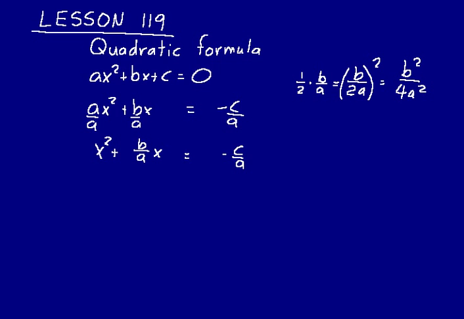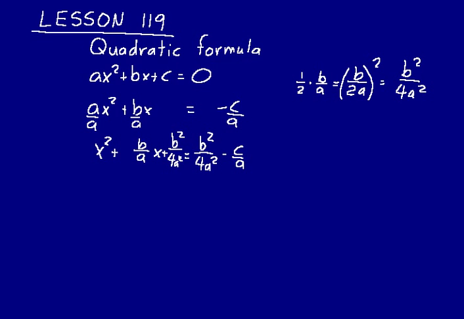And that's what we add to both sides. We take half the x coefficient, b over 2a, square that, we end up with b squared over 4a squared, and add that to both sides.